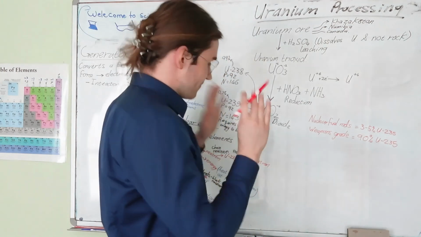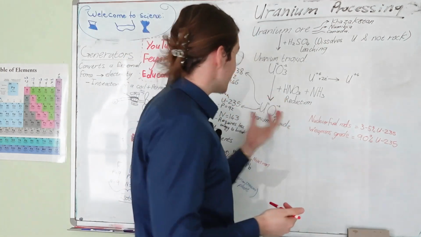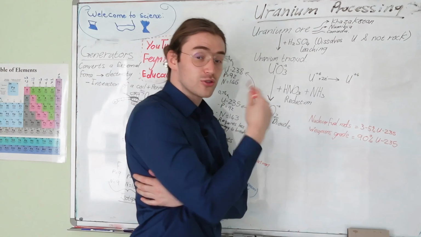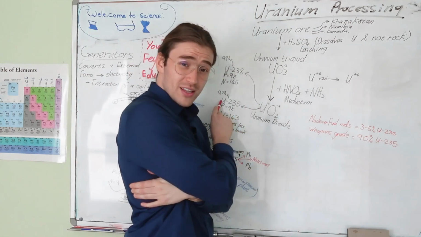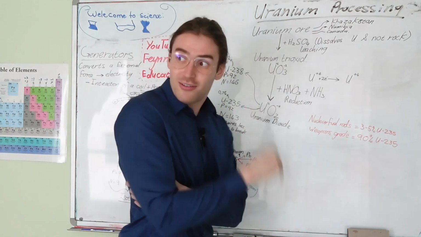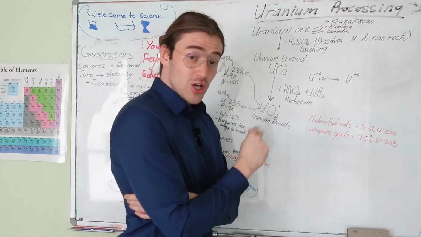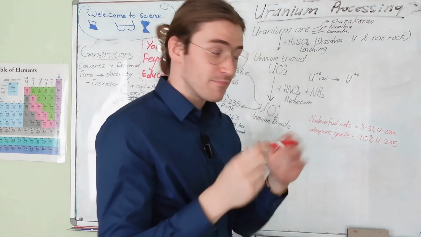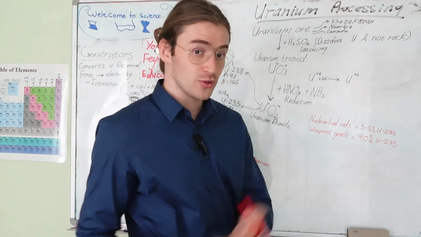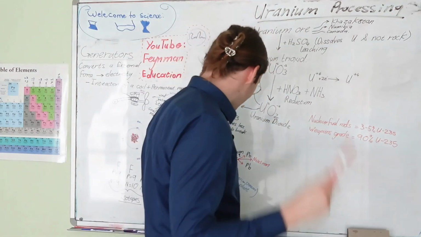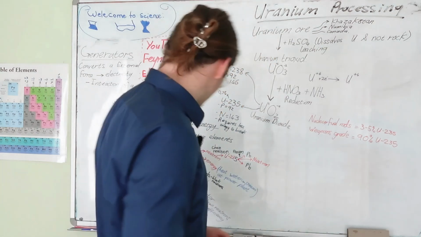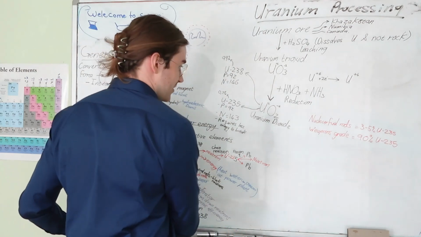So how do we get this 235? It's not going to be feasible to mine it, because only 0.7% of uranium mined on Earth is going to be 235. So we can process it. We can process uranium-238 into uranium-235. If any of you guys watched Oppenheimer, Oppenheimer's about it.